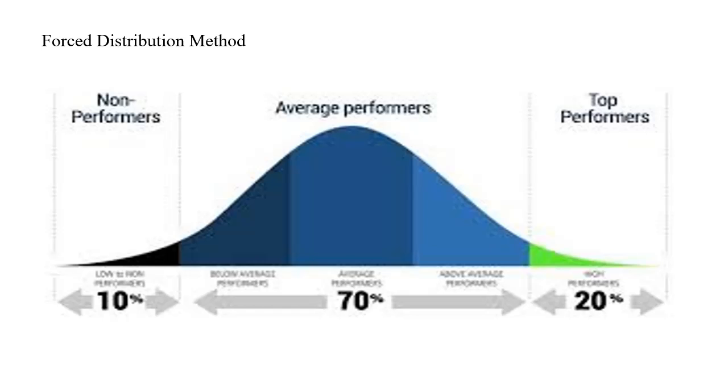Workers are placed between two extremes of good and bad performance. For instance, workers of outstanding merit may be placed at the top 10% of the scale. The rest may be placed as 20% good, 40% outstanding, 20% fair, and 10% poor.